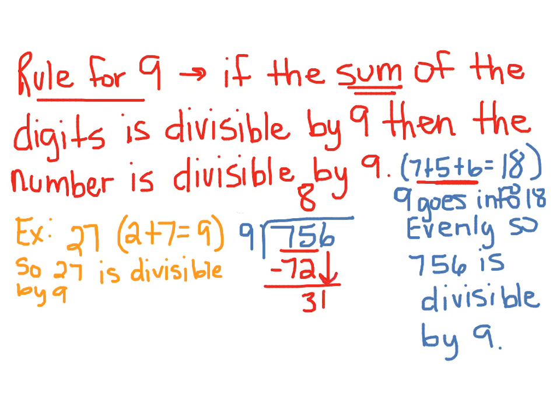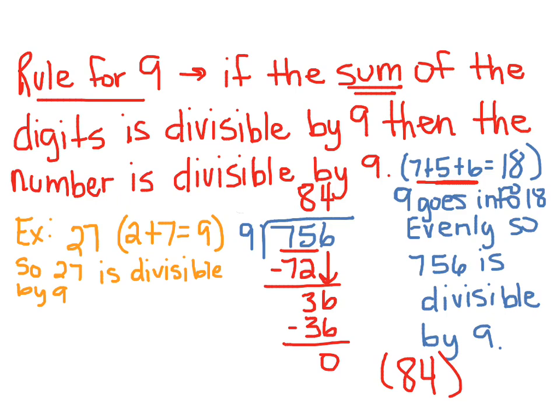Bring down the 6. Okay, and then we have to say 36 divided by 9. So we're looking at 9 times what equals 36, which would be 4. 36 minus 36 is 0. So that means the answer is 84. No remainder. So 756 divided by 9 has no remainder.